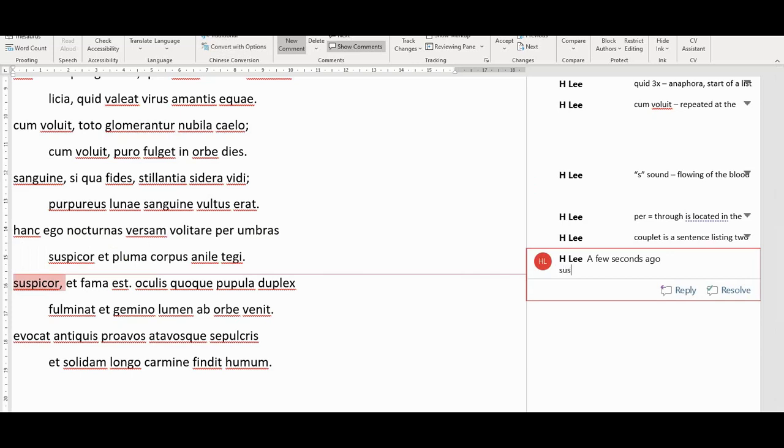Suspico is repeated twice. Now this sounds strange because it emphasizes that he is unsure if it is true. Now if you think about it, he wants to denigrate Dipsas. He wants to make her sound abnormal, so why put doubts into it?